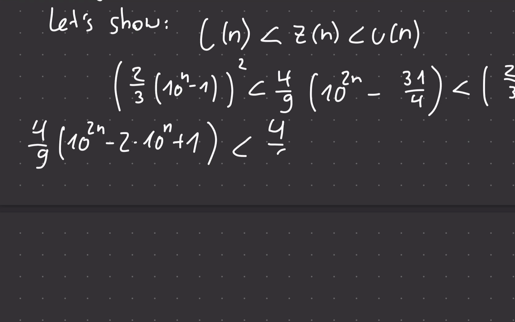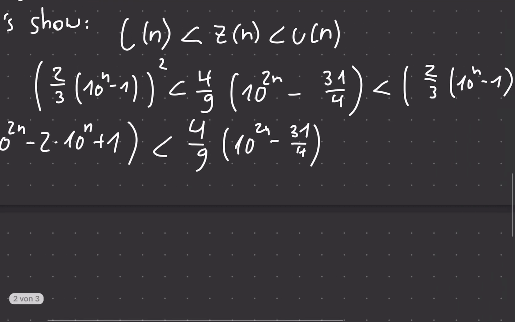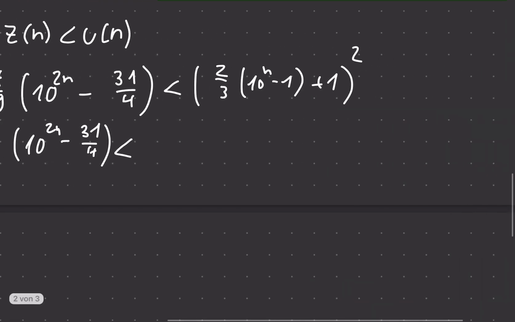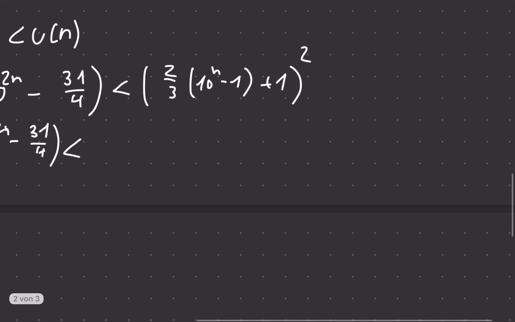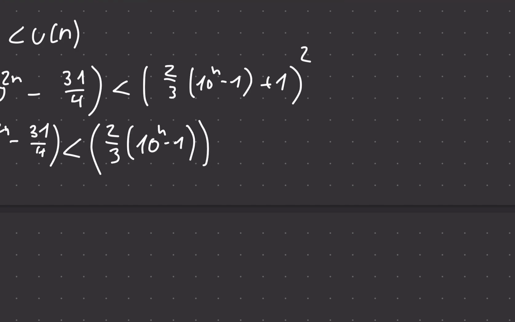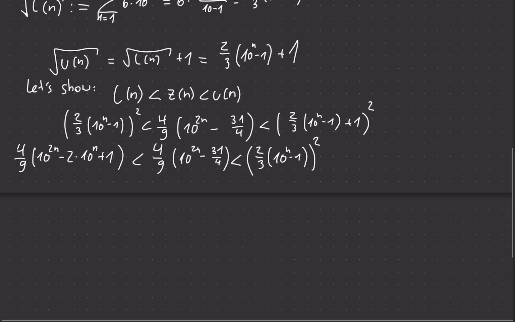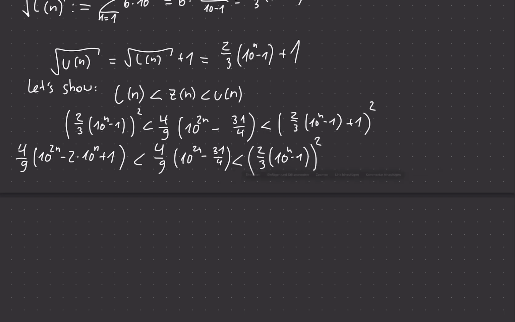Smaller than 4/9 times 10 to the 2n minus 31/4. And now we come to the right side. So this is a bit more complicated, but not too much either. Let's expand this with the binomial theorem at first. So we have 2/3 times 10 to the n minus 1, squared at first. Yet we notice that this is just our L of n.